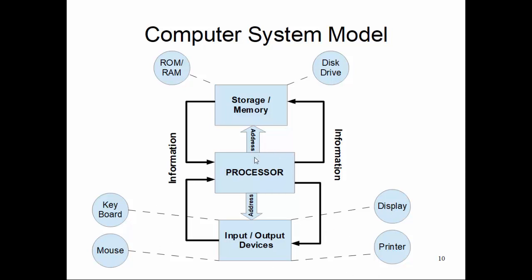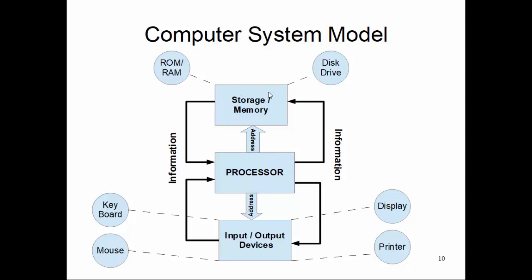That mechanism is the address. An address is a number. Each device is associated with a unique number, and that number is what the processor specifies. Say, for example, the disk drive has the number 55. I'm just assigning something arbitrary here. Let's say RAM has 95. If the processor wants to store information into the disk drive, it will set the address value to 55 and send the information.